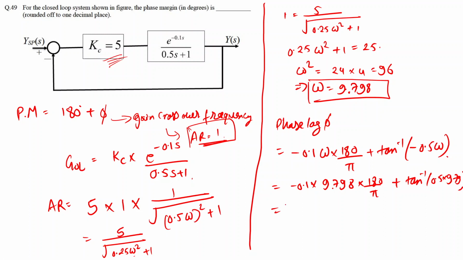So the first term will be equal to minus 56.13. And this tan inverse of minus of this entire term will be equal to minus 78.46. With the phase lag, we will be finding it as minus 134.60.